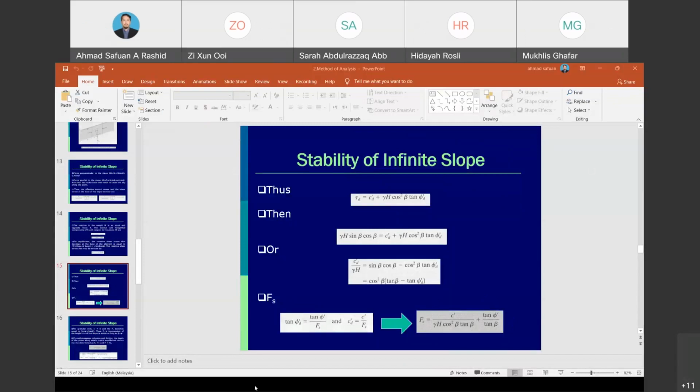First, write down the equation: c over gamma H cos square beta tangent beta, plus tangent phi over tangent beta.